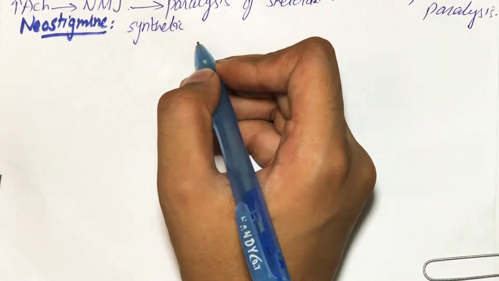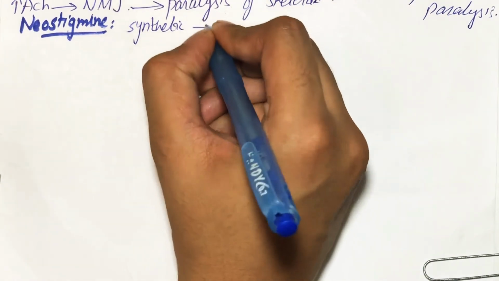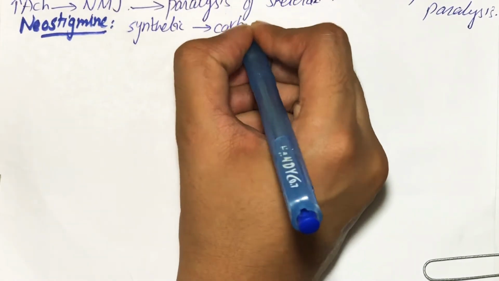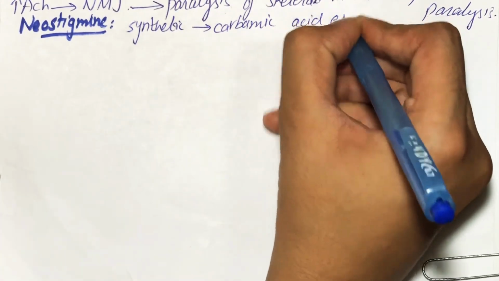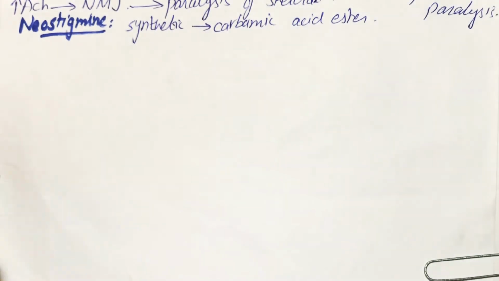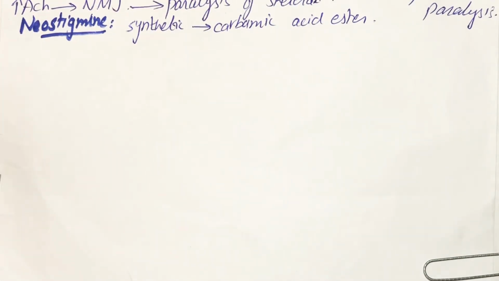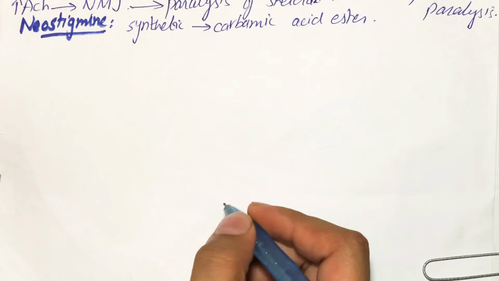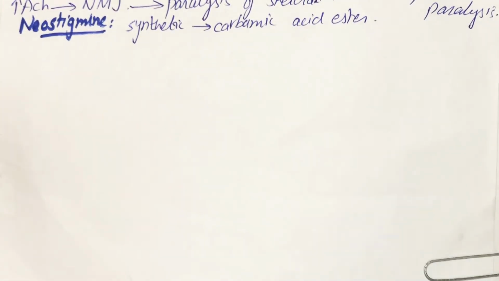Neostigmine is a synthetic compound, but it is also a carbamic acid ester, and it works on the same principle, that is, it inhibits acetylcholine esterase and it produces some of the cholinergic responses in the body, and it has similar action to that of Physostigmine.